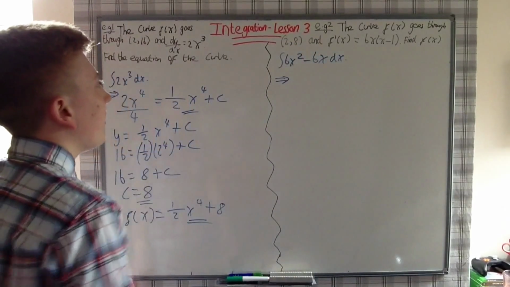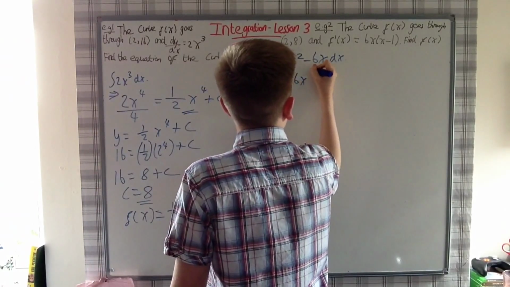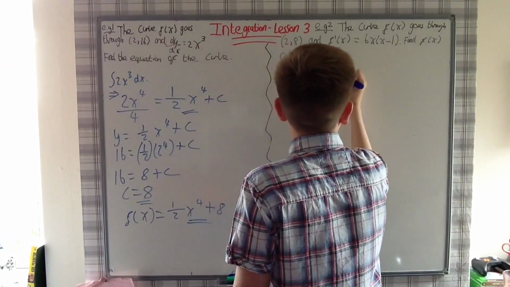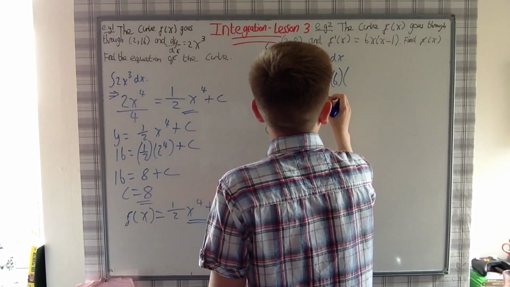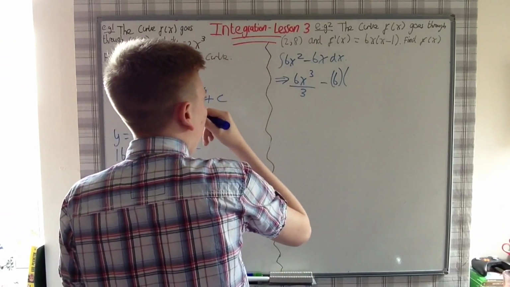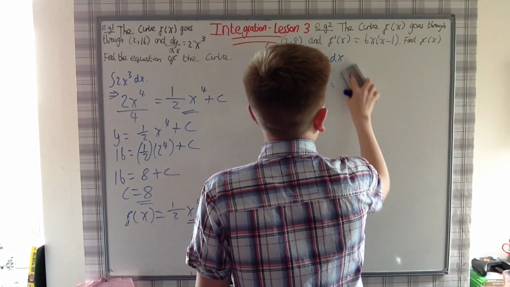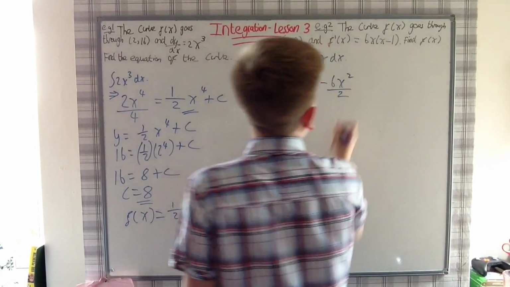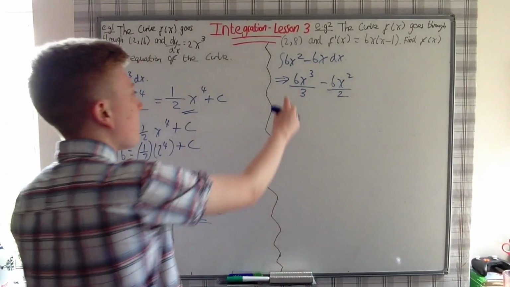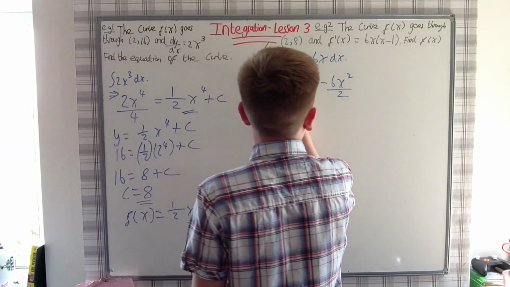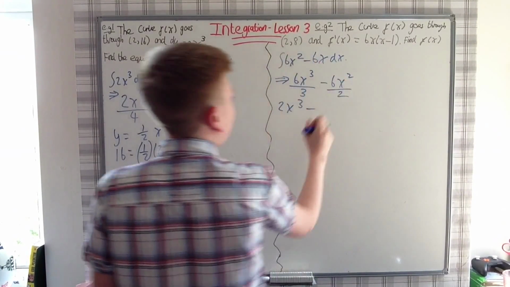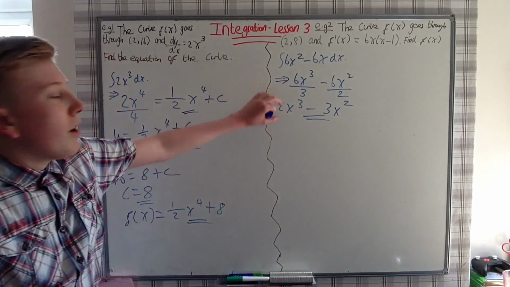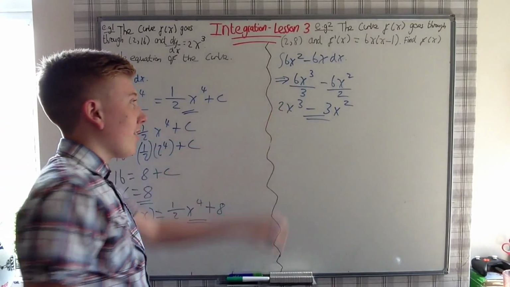So, integrating this we get 6x to the power of 3 divided by 3, minus 6x to the power 2 divided by 2. Okay, we can now simplify this. 6 divided by 3 gives us 2x cubed, minus 6 divided by 2, that's 3x squared. Okay, so there's the equation of the curve f of x.